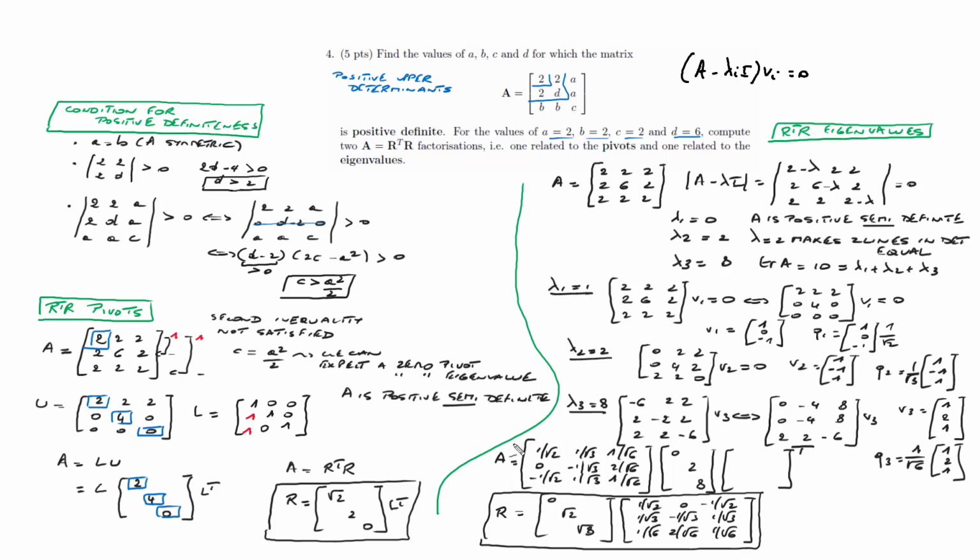And then you know that you can stack these eigenvectors. Here you have q1, here you see q2, here you see q3. This is the Q matrix, right? And here you have the lambda matrix, which is a diagonal matrix with the eigenvalues on the diagonal. So this is Q lambda Q transpose, right? And to obtain a factorization R transpose R, it's quite easy.